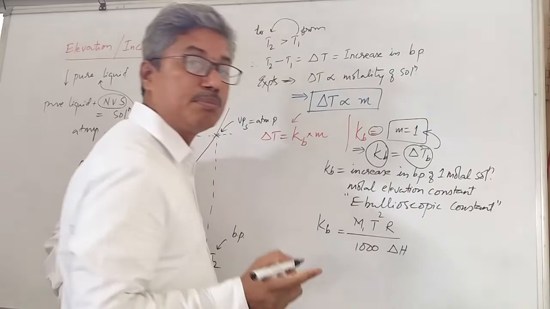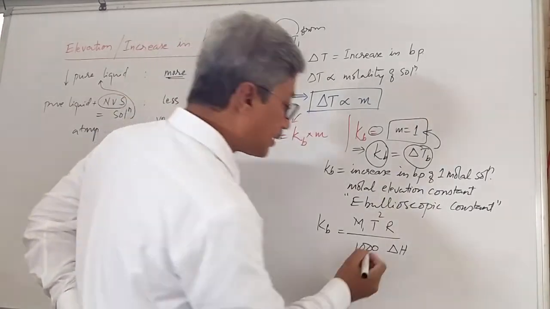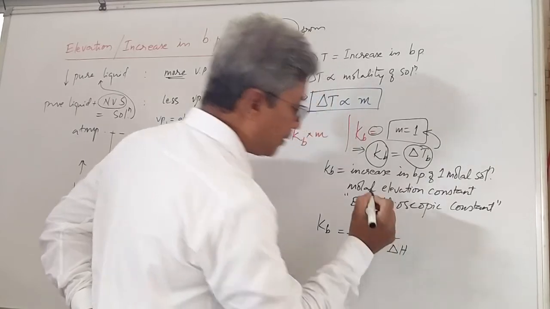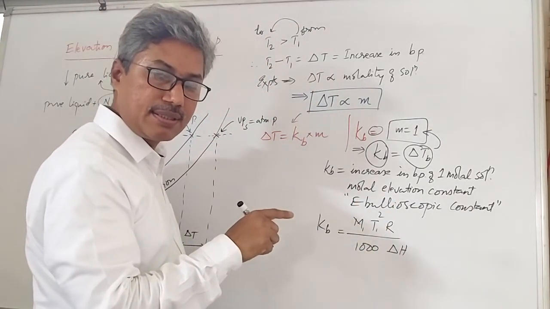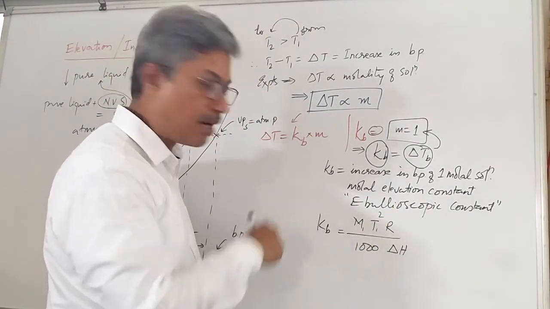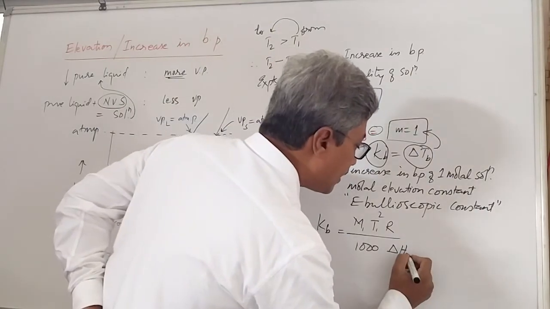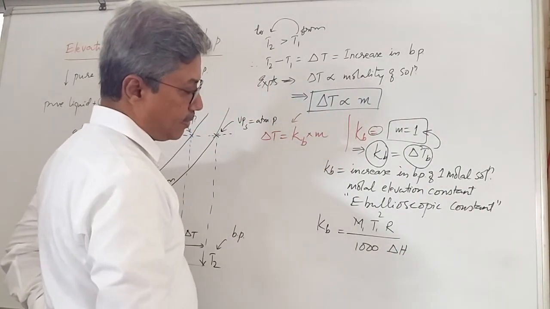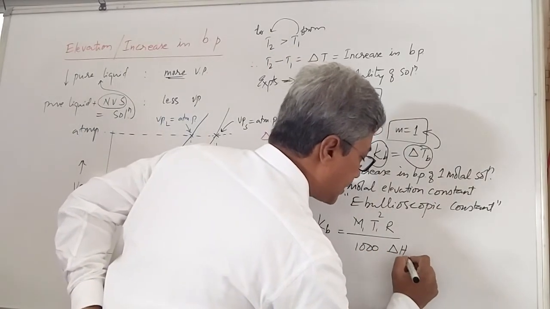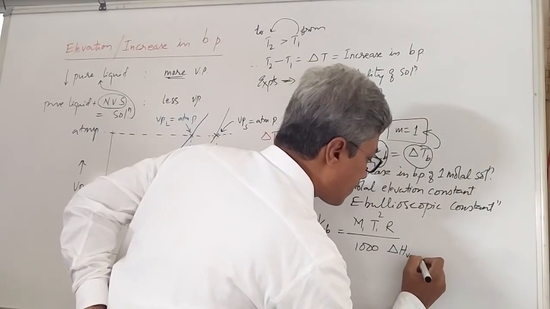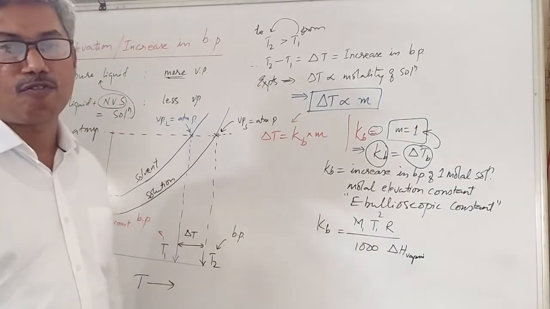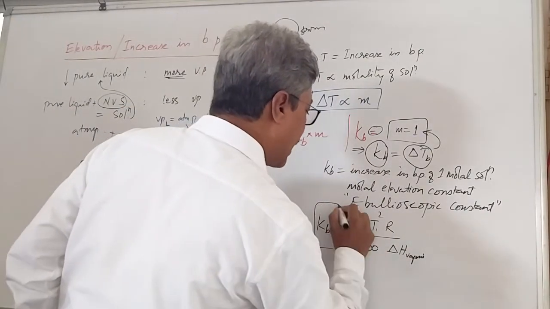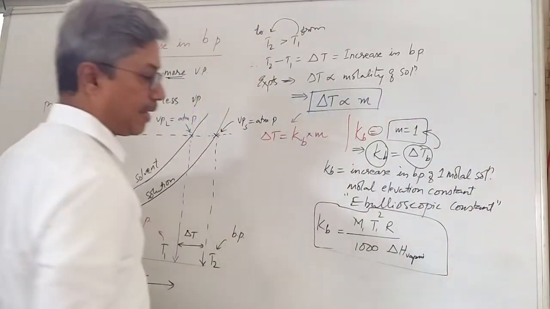M1 is the molar mass of the solvent. 1000 is a constant. T is the temperature, that is the boiling point of the solvent, and delta H is the enthalpy of vaporization. Okay, this is how we find the value of Kb.